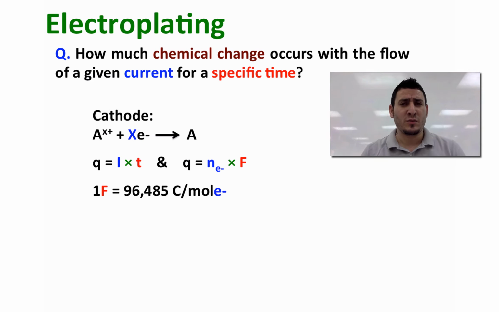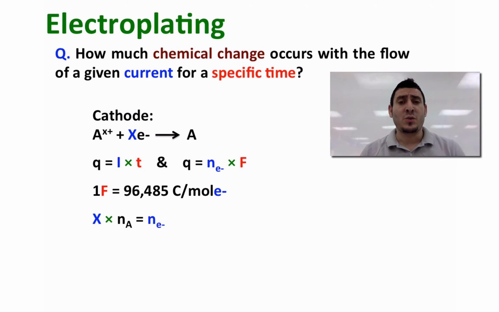96,485 coulombs per mole of electrons. So from the amount of charge, we can calculate the number of mole of electrons. From the half equation that's happening at the cathode, we can determine the number of mole of metal that's being plated on the ring by using the molar ratio between the metal and the electrons.